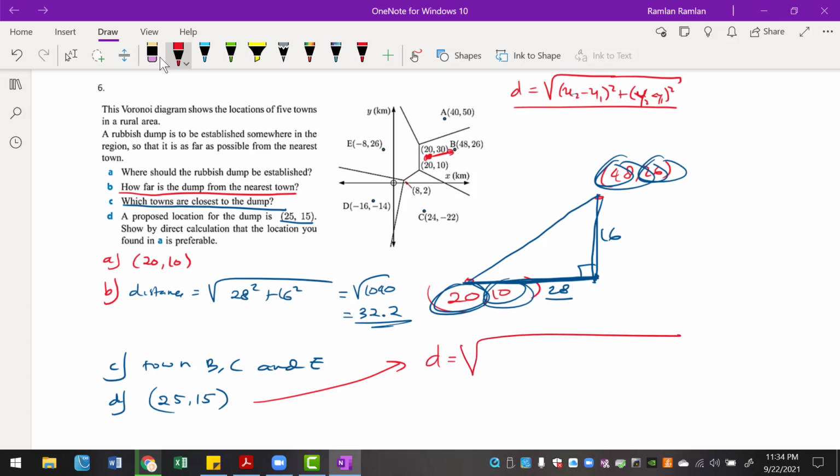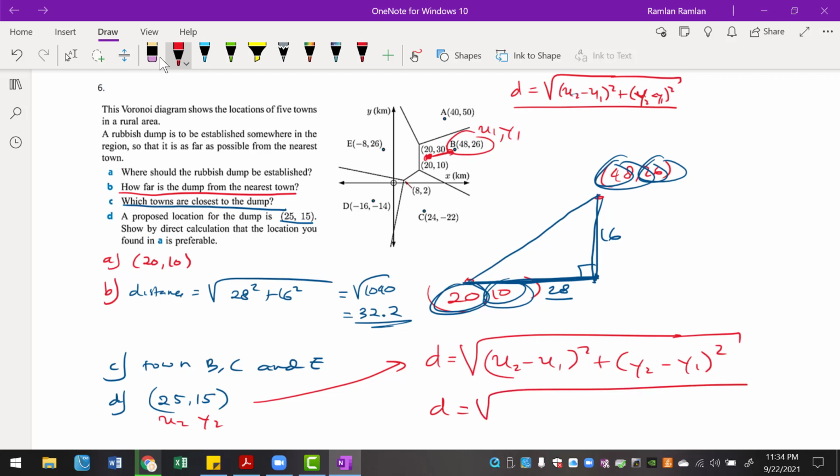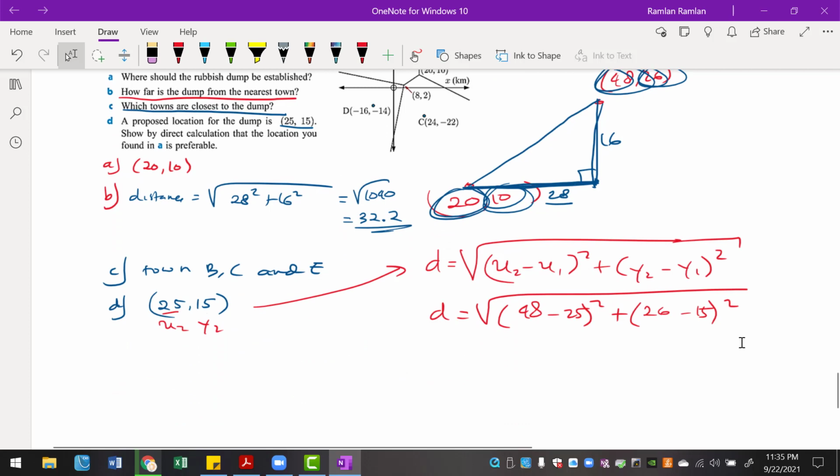I'm going to use the x2 minus x1 squared plus y2 minus y1 squared. B is going to be x1 and y1, and this is going to be x2 and y2. If you calculate that using the calculator, you will get the square root of 650, and it will be 25.5 units.